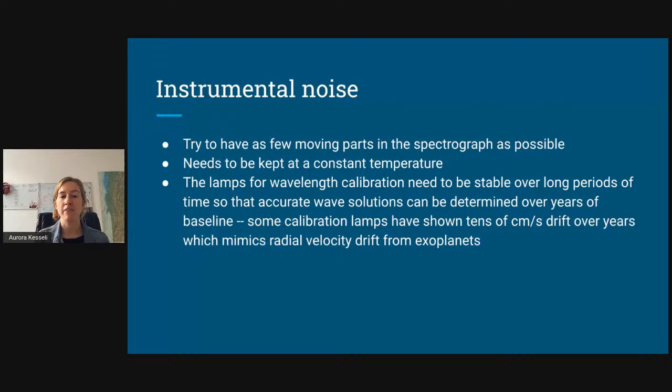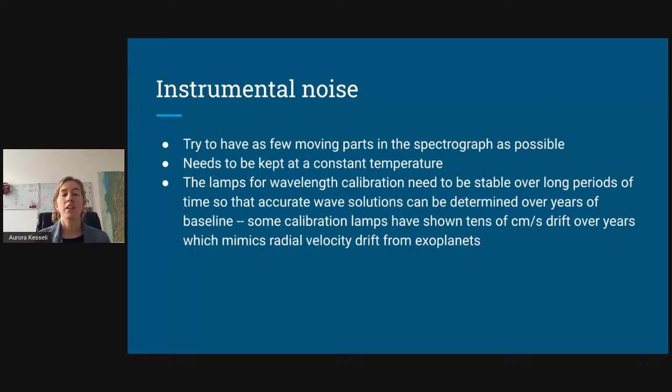We want to try to have as stable an instrument as possible, because if you need to move the mirror in and out all the time, you can move it in and have it at a very slightly different position, which would then potentially cause a change in the radial velocity that you would measure.